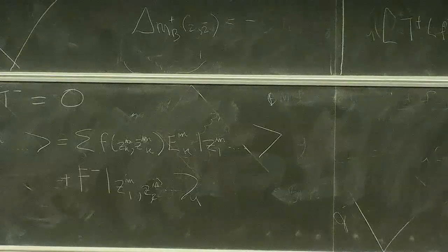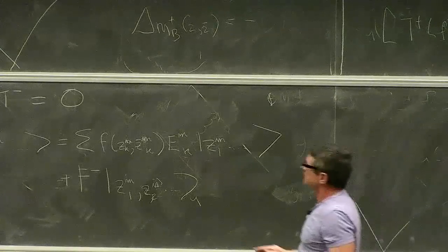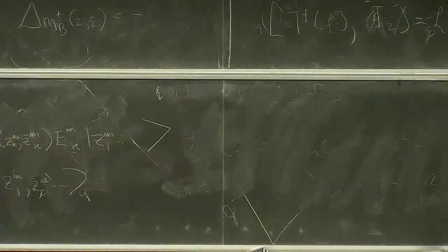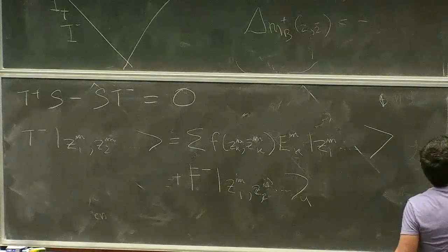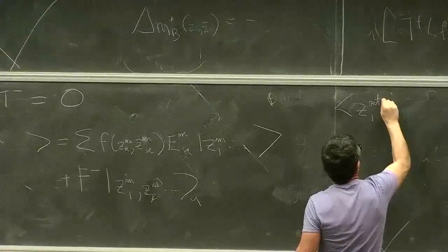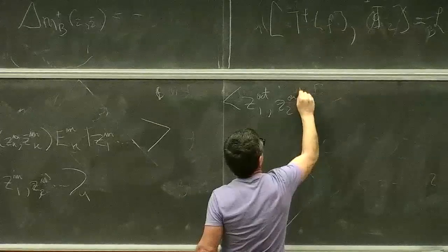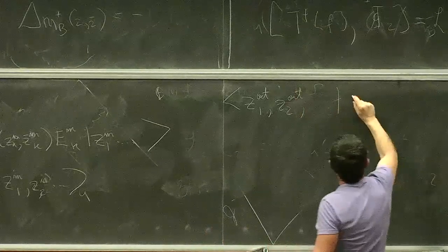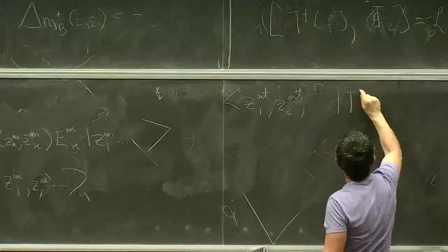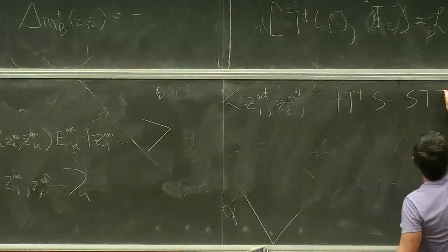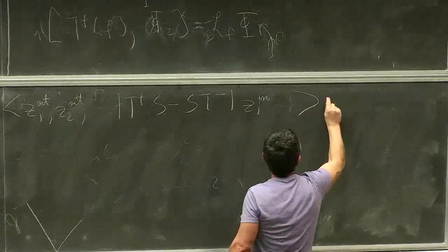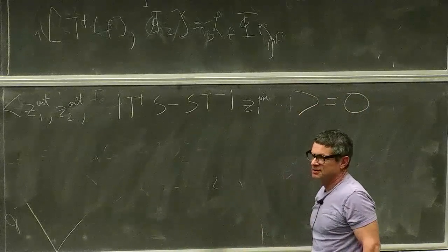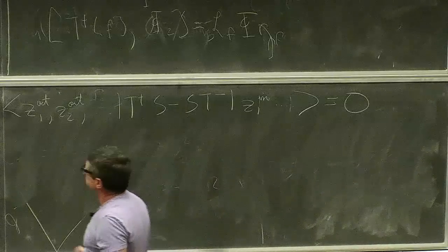So now I just want to take the matrix element of this formula, which is an operator relation. I want to take it between any two states. So let me write z1 out, z2 out, dot dot dot, T plus S minus S T minus, z1 in, dot dot dot. And this has to equal 0 because I've inserted 0. And I get two terms.